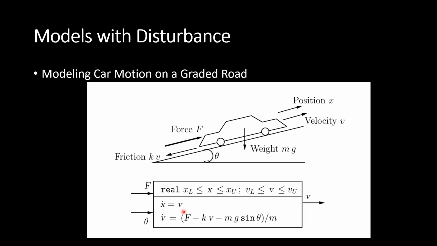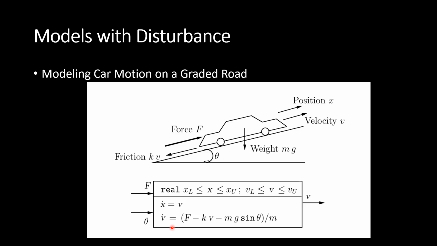As seen in the last session, x dot is equal to v, that is, the rate of change of distance is equal to velocity v, and v dot is equal to, as we saw last class, (F minus kv) by m. Now we have an additional component whose value is equal to minus g sine theta, where theta is the angle that the road is making with the horizontal axis, and g is the gravitational acceleration.